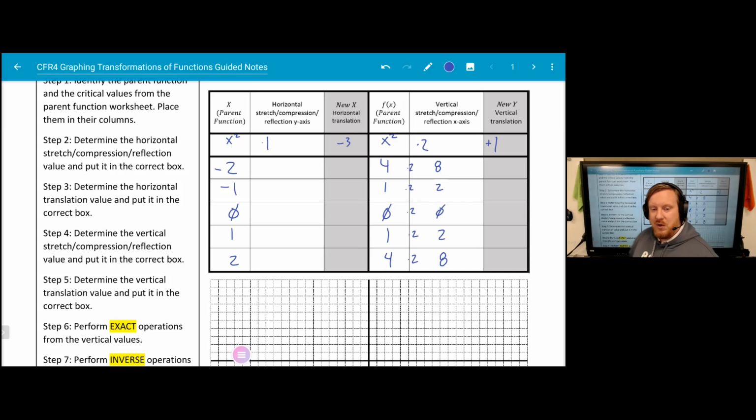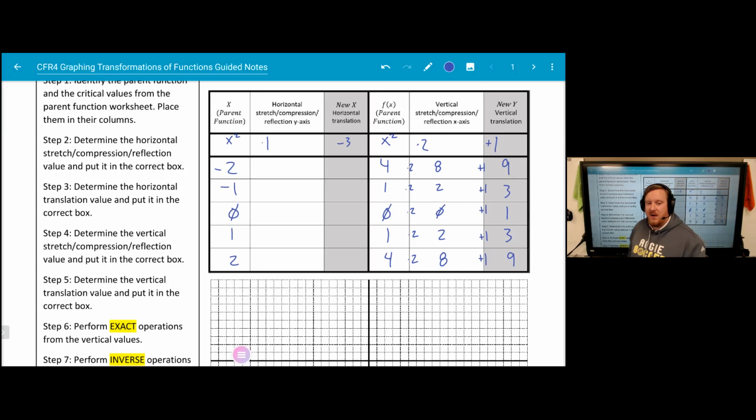And now we also have to do the exact operation from the vertical value. So for my translation, I'm going to add 1, add 1, add 1, add 1, add 1, which would give me 9, 3, 1, 3, and 9.